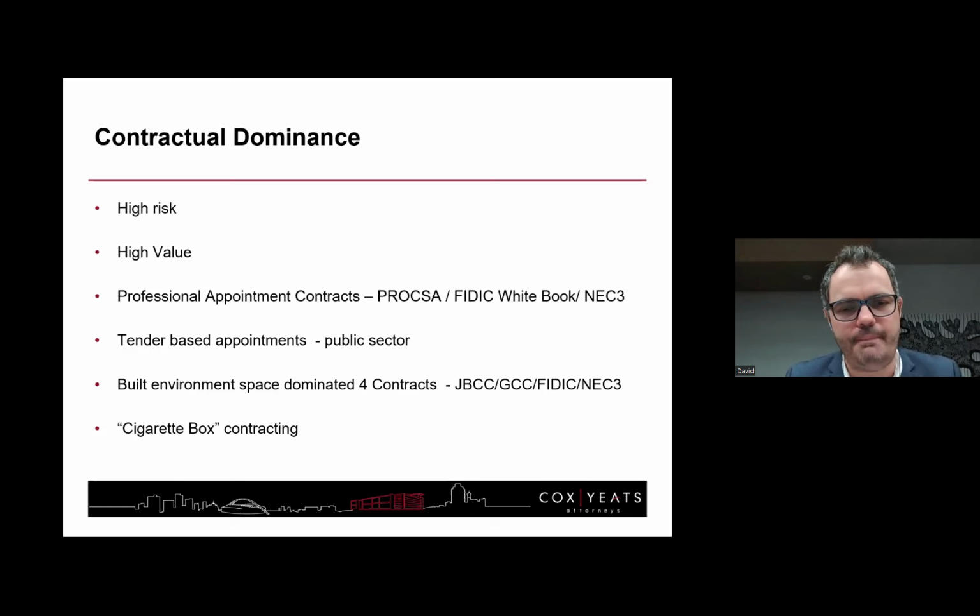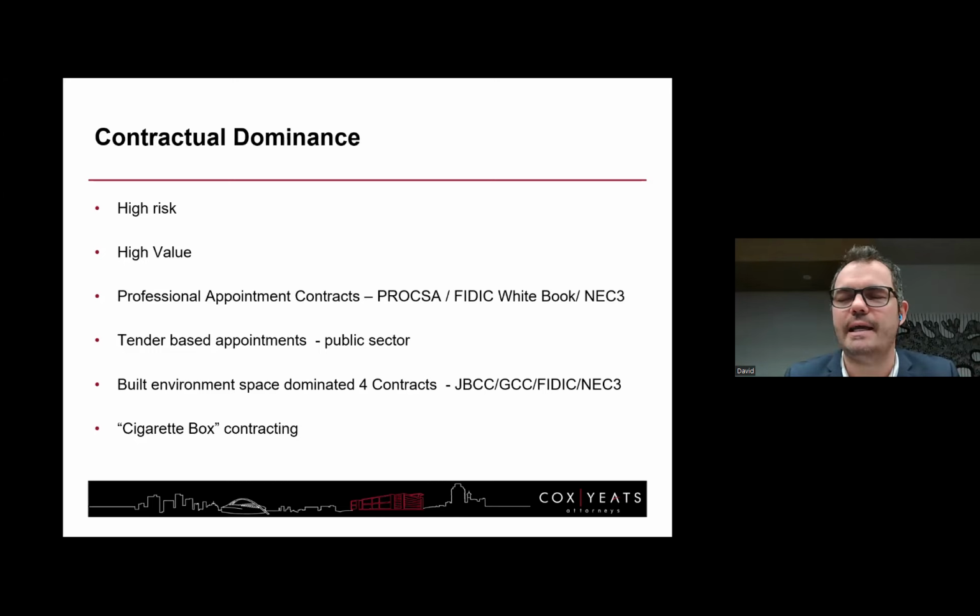Tender-based appointments in the public sector. As you know, the government is the largest contractor in our country. And in terms of all the procurement legislation and requirements that the government has to procure by way of contract, you also have the built environment space being dominated by four major contracts: JBCC, GCC, FIDIC, and NEC3.